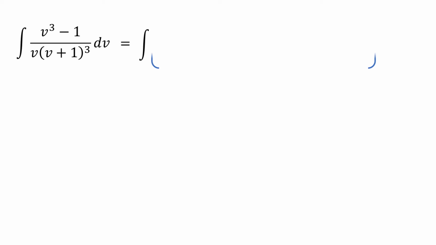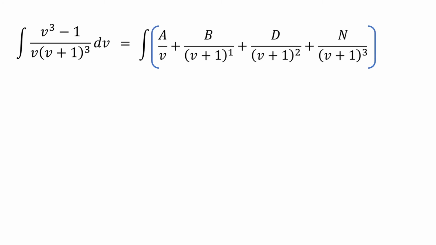Knowing the values of our constants, we now can substitute them in the partial fractions equivalent to the rational fraction of our integral. So in the first place, we resolve this as the integral of the whole quantity A all over v plus B all over v plus 1 plus D all over v plus 1 squared plus N all over v plus 1, and the whole quantity is raised to 3.